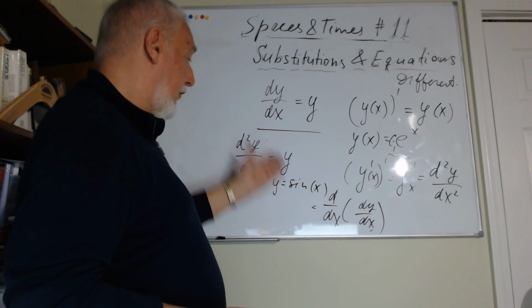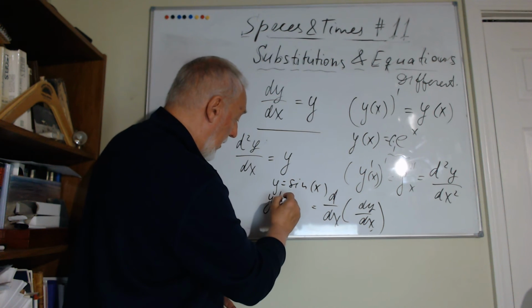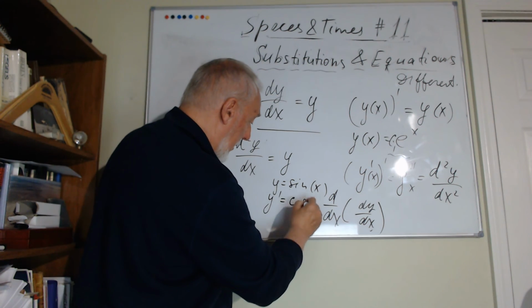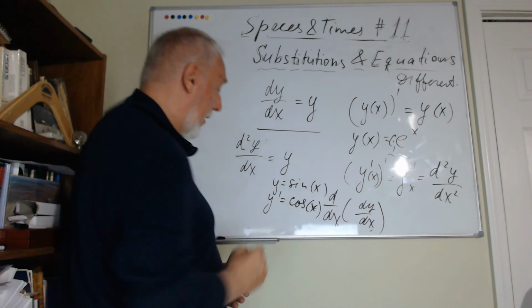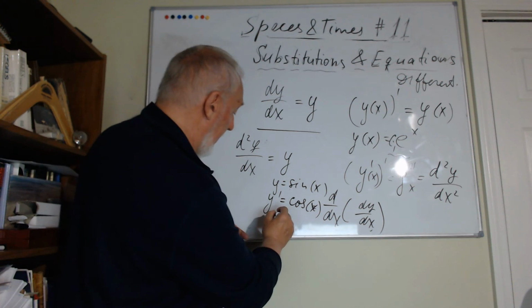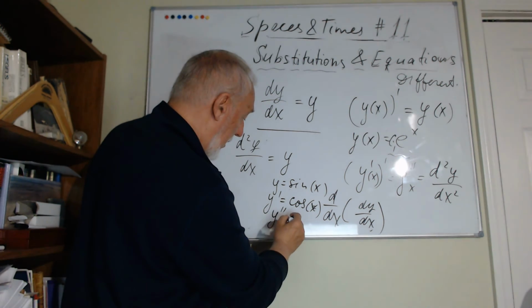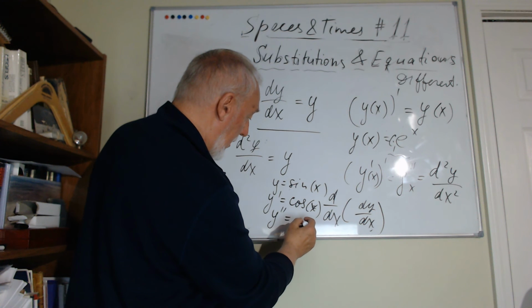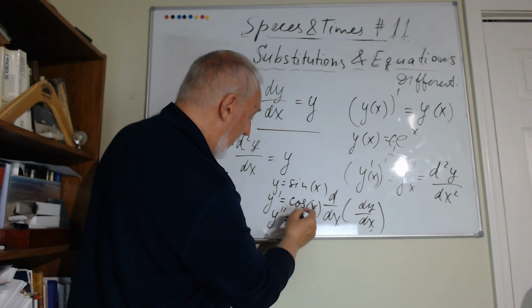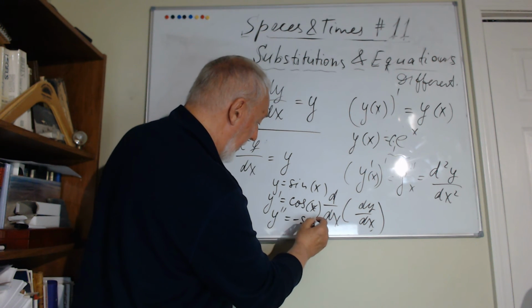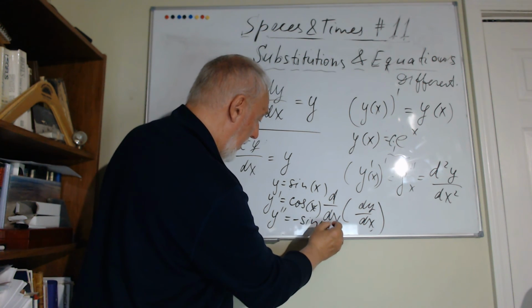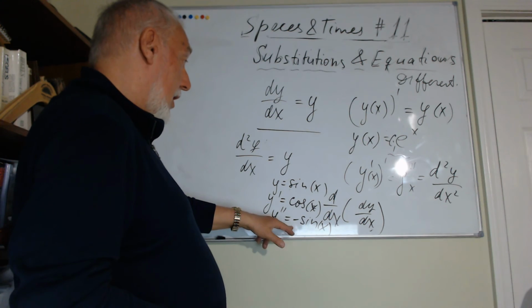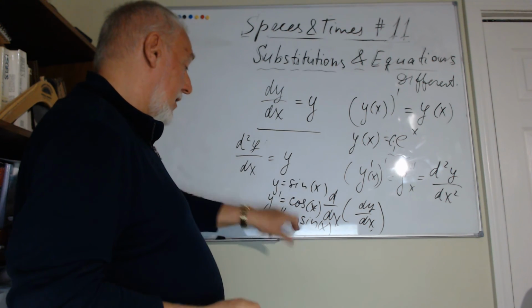If you take the first derivative, it is cosine, right? And the second derivative? It's different, but it's still a trigonometric function. The second derivative of cosine is minus sine, right? So y is sine, and here is minus sine.